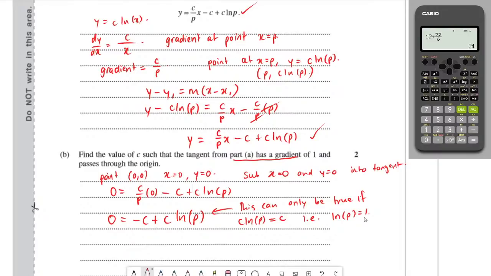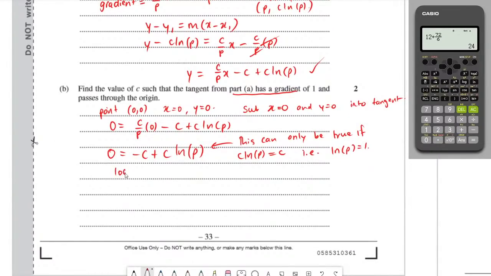Now the only case when log of p is equal to 1, so this is log base e of p equal to 1, is when p is equal to e. So if p is equal to e, this changes our equation to y is equal to c on e times x minus e, plus c log e.